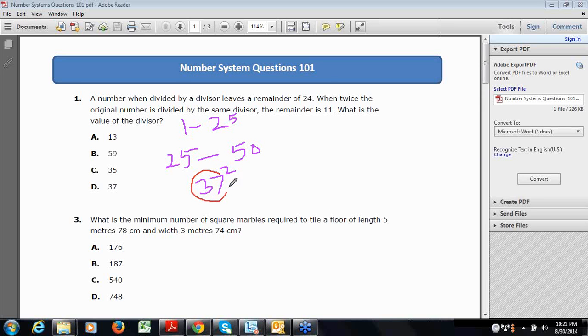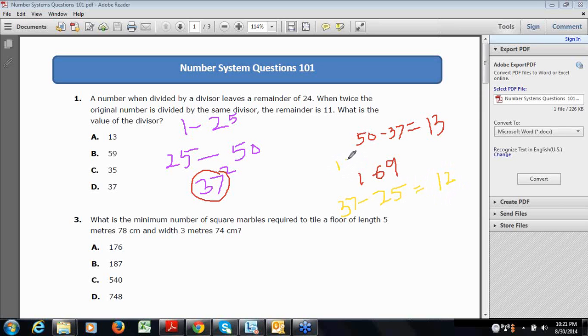Subtract this number 37 from 50. 50 minus 37 is equal to 13. The square of 13 is 169. Now subtract 25 from 37. So 37 minus 25 will be 12.